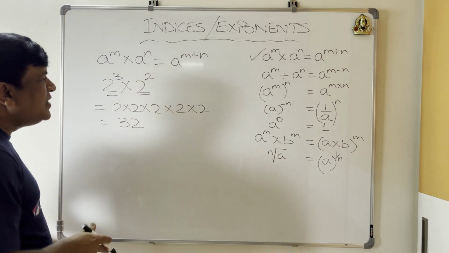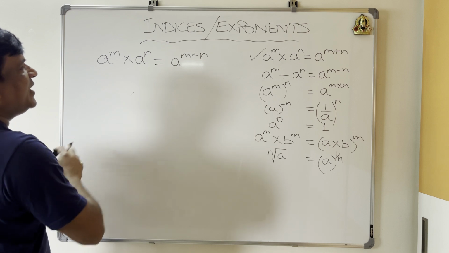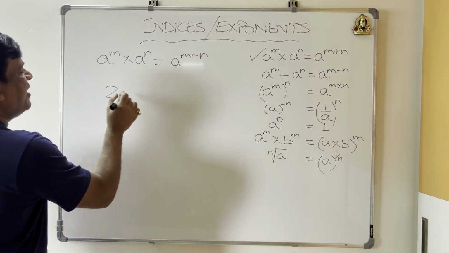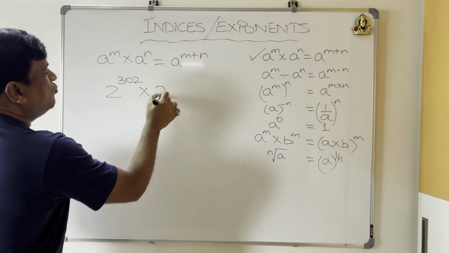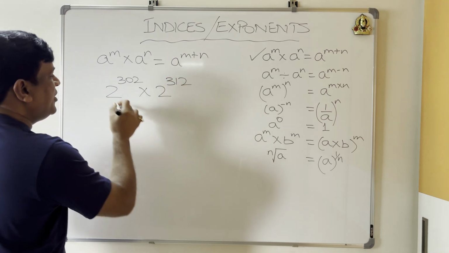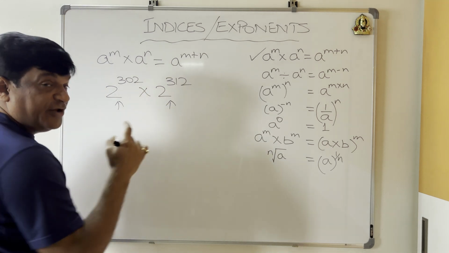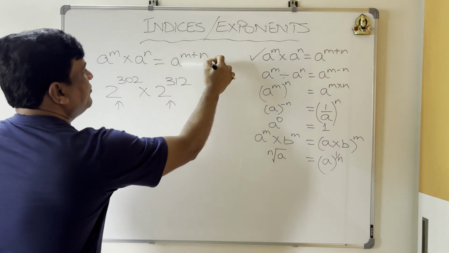So when are you going to use this particular formula? If, for example, I have something like 2 to the power 302 into 2 to the power, say, 312, are you going to write it 302 times, and are you going to write it 312 times? No. This is where the formula comes to your rescue.